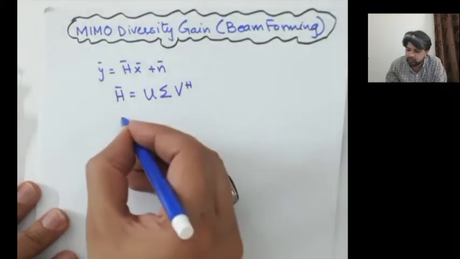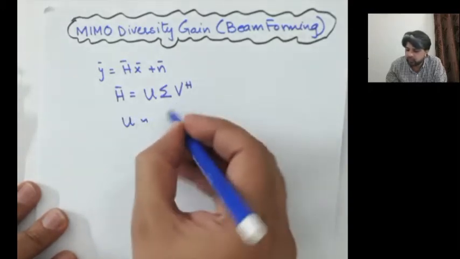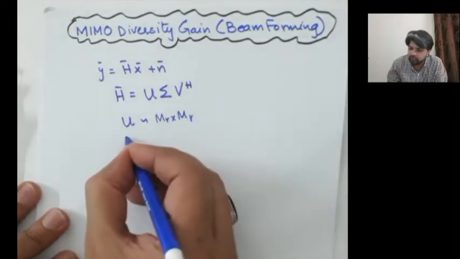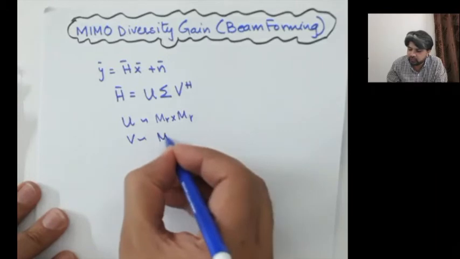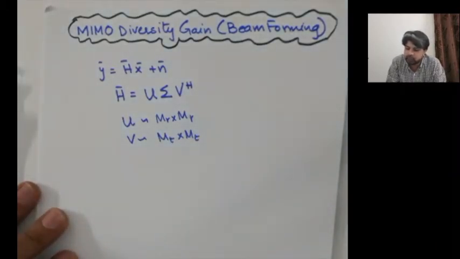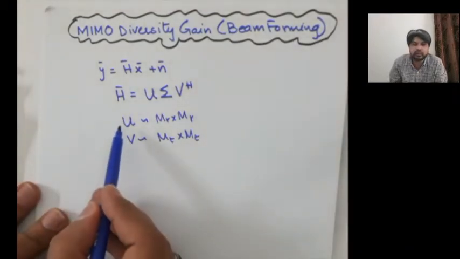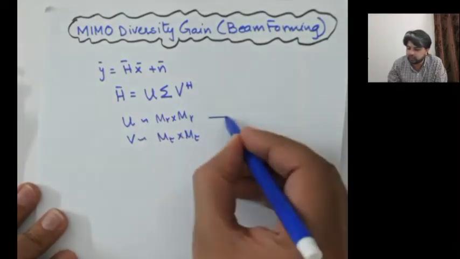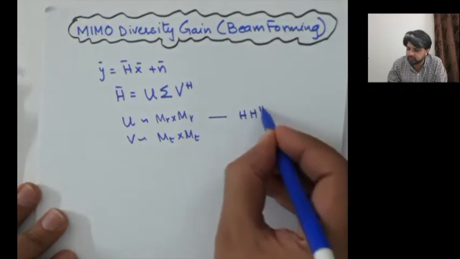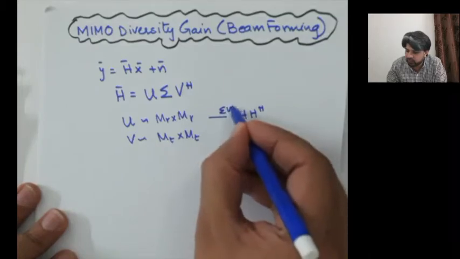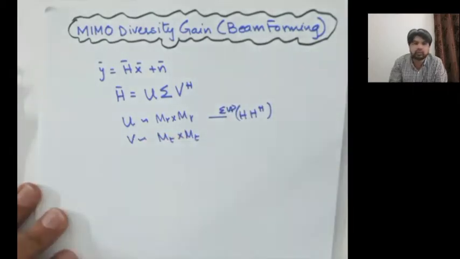So remember, this U matrix would have a dimension of MR cross MR, and this V matrix would have a dimension of MT cross MT. That is because this U matrix contains the eigenvectors of H H Hermitian, from the eigenvalue decomposition of this, and that gives you this U matrix.